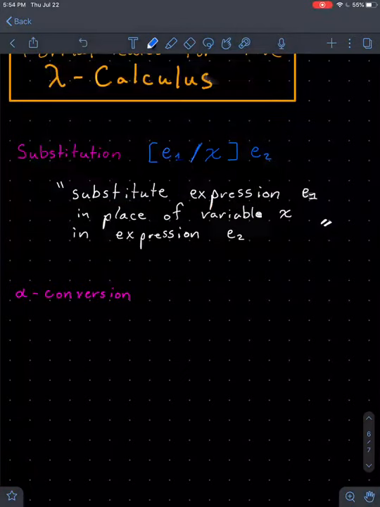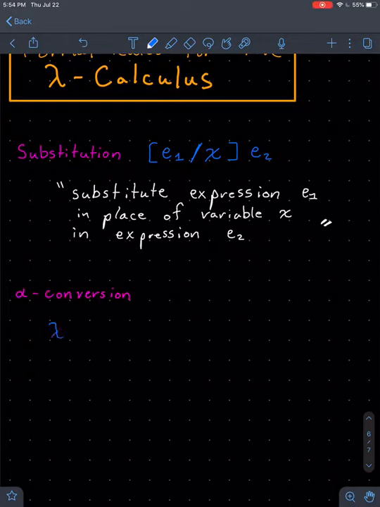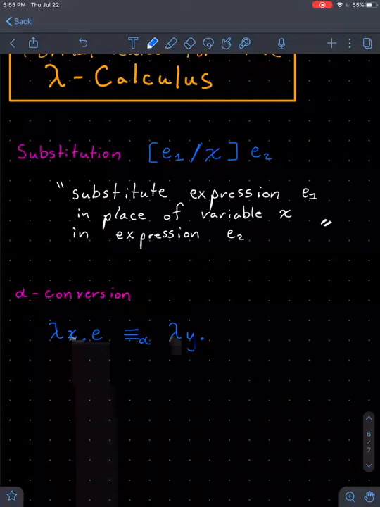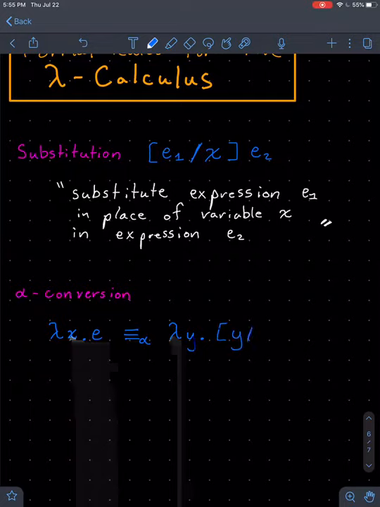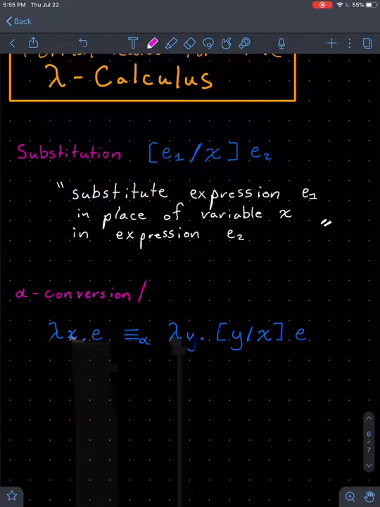Alpha conversion says, and these are all rules for equivalence, basically, that lambda x dot e is equivalent under alpha, we use a subscript alpha there, to lambda y dot, and then anywhere where we sub in y for x in E. We also call this renaming.